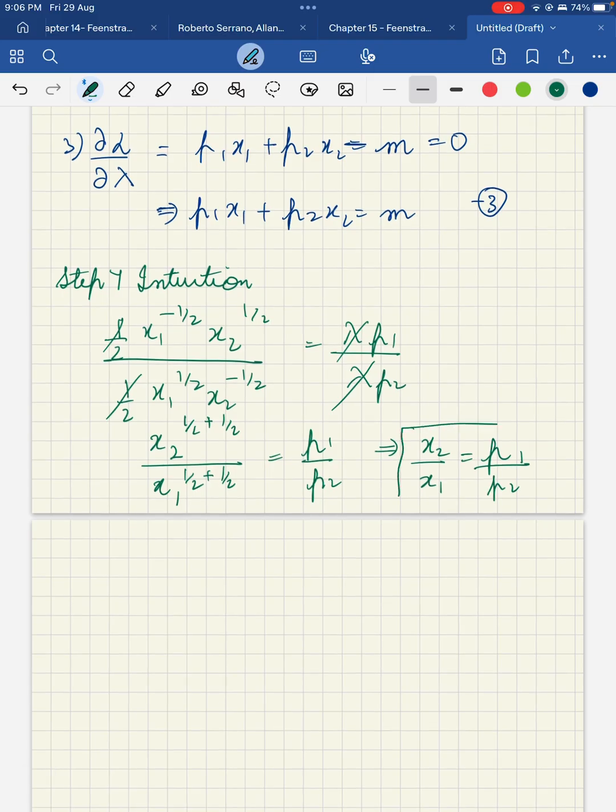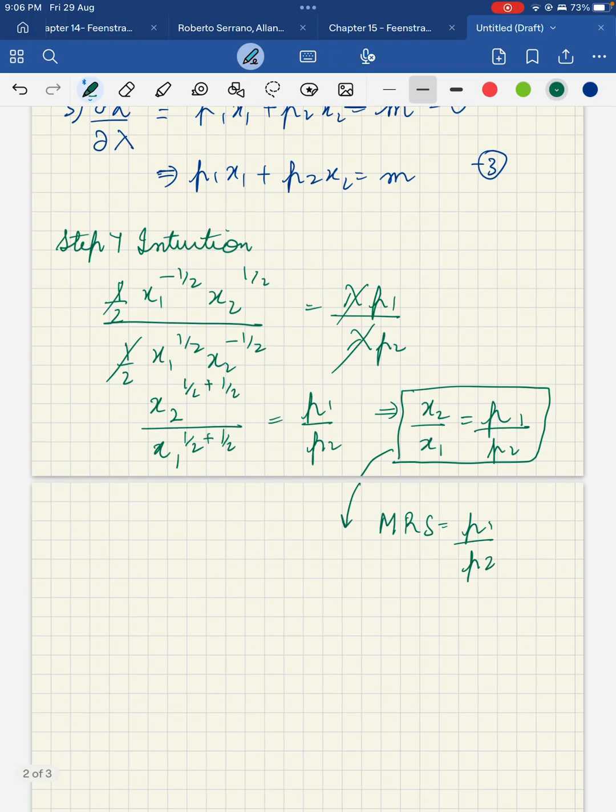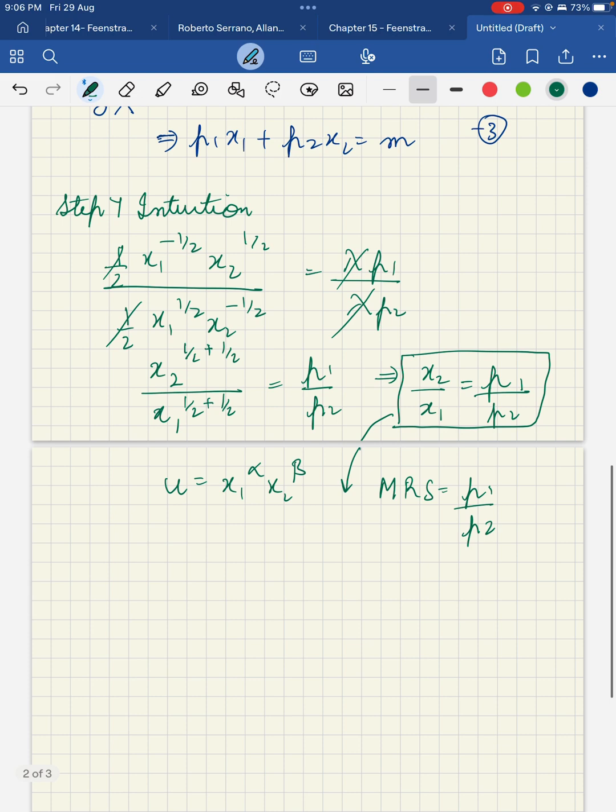This is something that we have seen before. Do you recall that this is nothing but MRS is equal to price ratio? In the case of Cobb Douglas, MRS is equal to P1 by P2. You can recall the Cobb Douglas equation that you had taken the general form of.